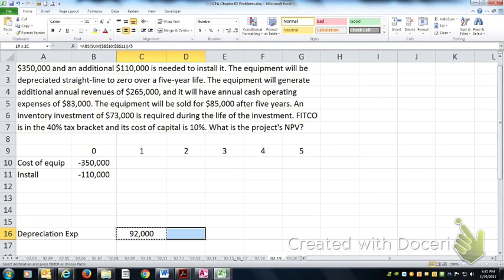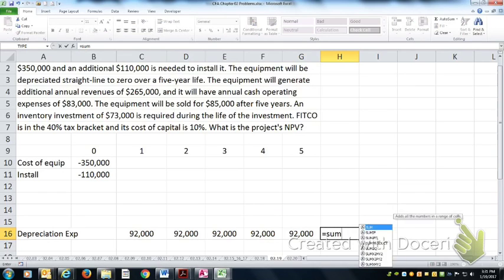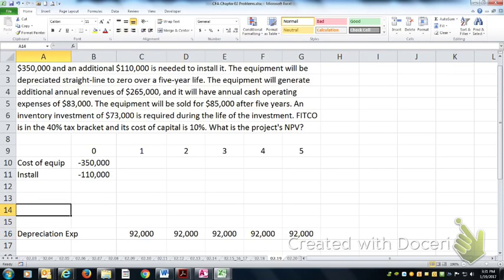So $92,000 each year over the course of the 5 years. That'd be my $460,000 depreciation expense. All right, but it's not a cash flow. It does reduce income taxes, and so that will help.